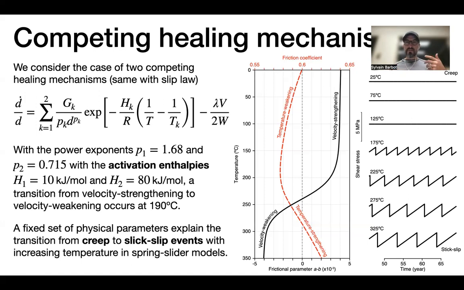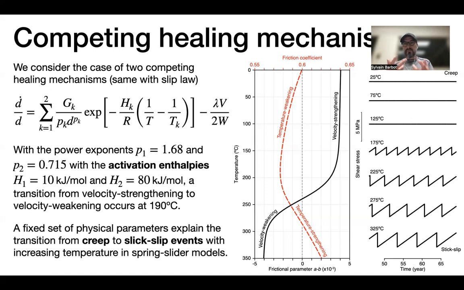And so the behavior of the spring slider with these constitutive properties will lead to stable creep at room temperature, transitioning to sort of slow slip events at 175 degrees, to firmly stick slip events with increasing stress drops at higher temperatures. So a transition from velocity strengthening to unstable velocity weakening.